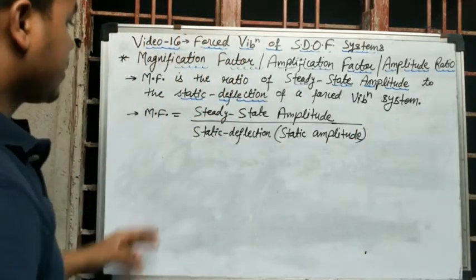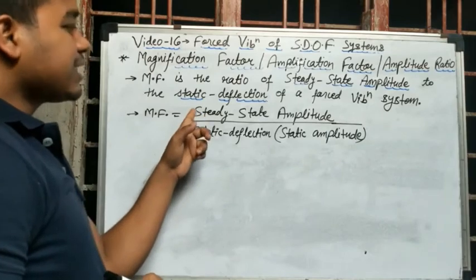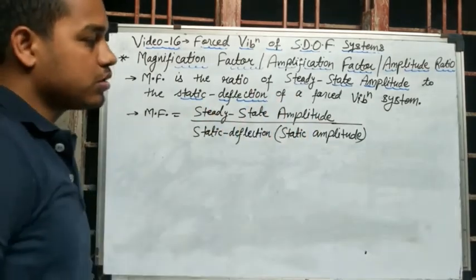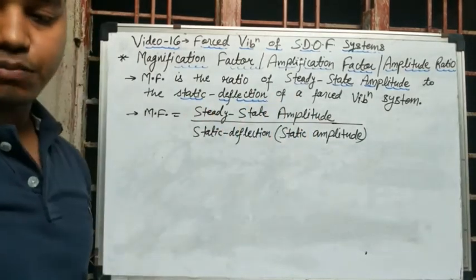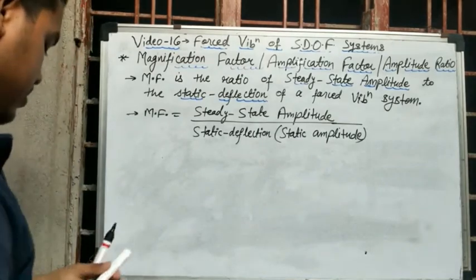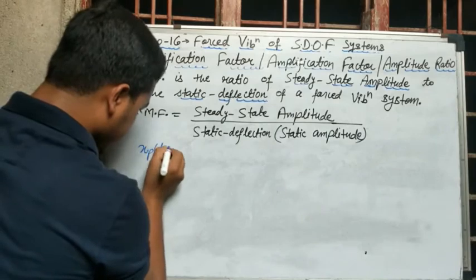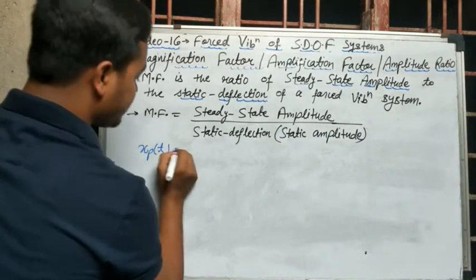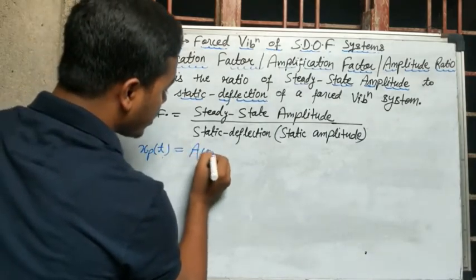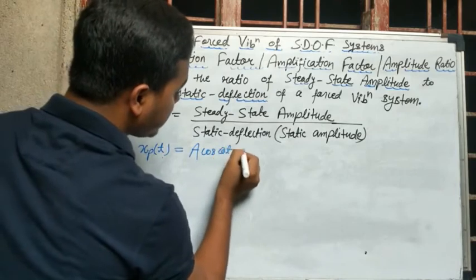Now, by what letter were we representing steady state amplitude? The steady state response, you can recall, x_p(t), was A cos(omega t minus phi).